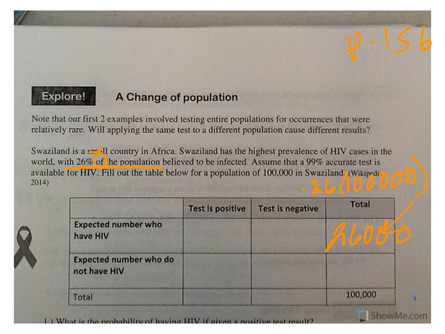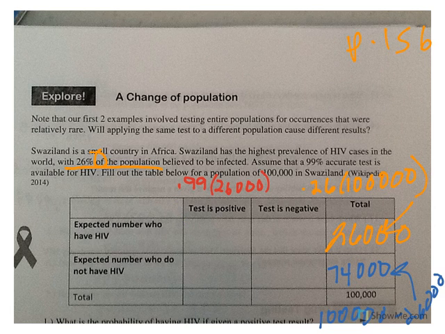So to find this number, I take my 100,000 minus the 26,000, and I know that 74,000 people are expected to not have HIV. All right, so now when I look inside my table, we know we have a 99% accuracy rate. So 99% of those that have it will test positive.